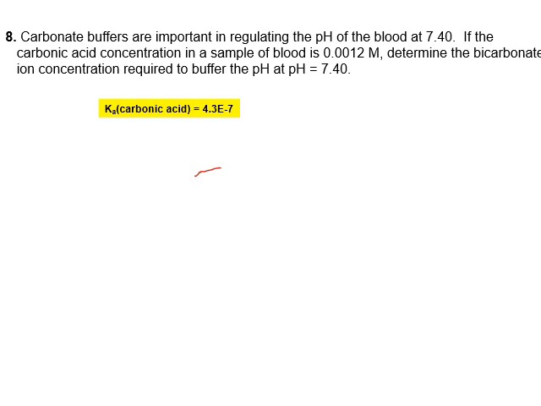This problem is basically going to be the same thing. Notice here that you're given the pH. You're supposed to figure out what the bicarbonate concentration is supposed to be. And also we're given the Ka here for carbonic acid. So what I'll do right now is figure out pKa by taking minus the log of 4.3 times 10 to the minus 7th, in other words, this number right here.